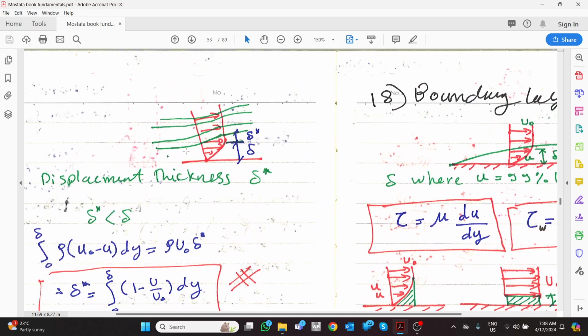You want to absorb that increase in the velocity to get an accurate result.